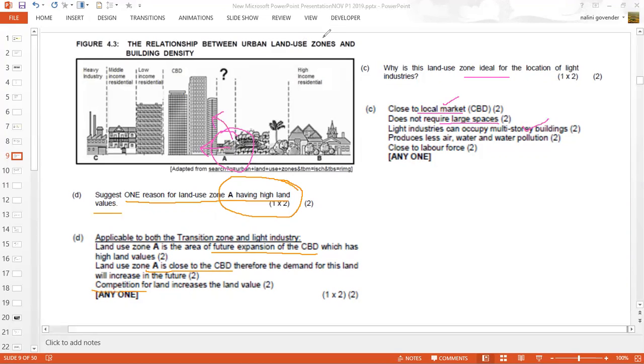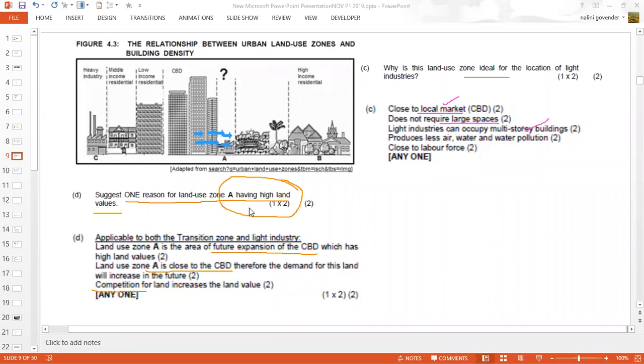So as our CBD is going to expand into this area, your CBD is going to move out, and Burgess called that invasion and succession. As the CBD grows out, it's going to take over this land, and hence great demand for this land. Therefore, we're saying that land here is going to be expensive.